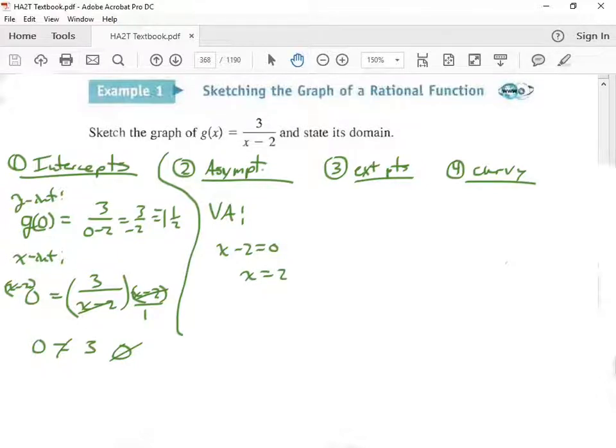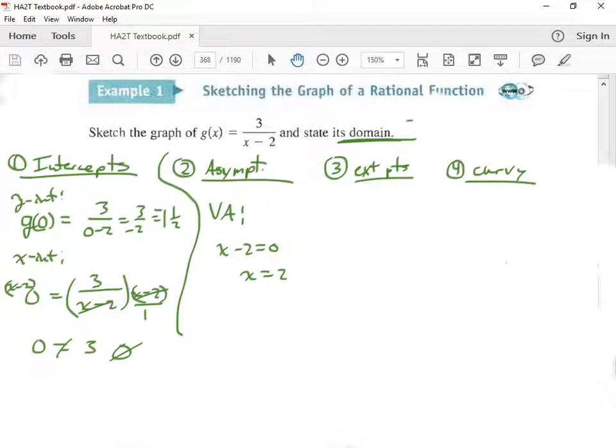Now I'm going to pause for a minute to talk about our domain, because the vertical asymptote is what informs us on what our domain is. Now normally, when you think domain, I want you to think of the x-axis. And the x-axis goes from negative infinity to positive infinity. A lot of functions are all real numbers, so that would be negative infinity to positive infinity. But the vertical asymptote breaks up the x values and says that you cannot have a 2 in there.